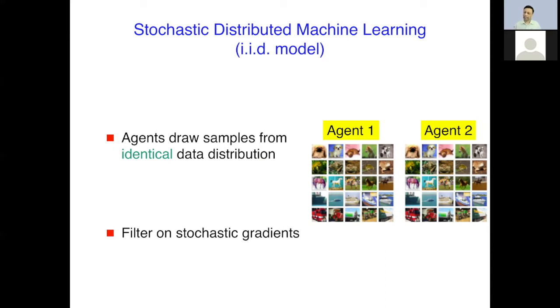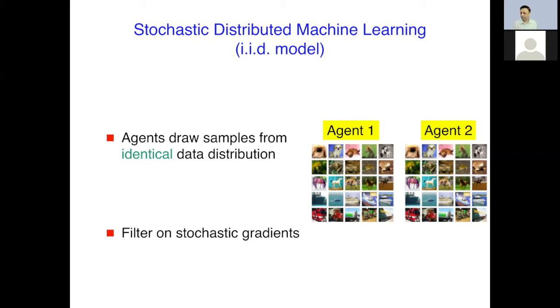Or they're drawing gradients from the same distribution. So if all the agents have access to the same data set or they're drawing from the same distribution, why do I need multiple agents? In fact, one agent will suffice to solve the problem because every agent has the same cost function.